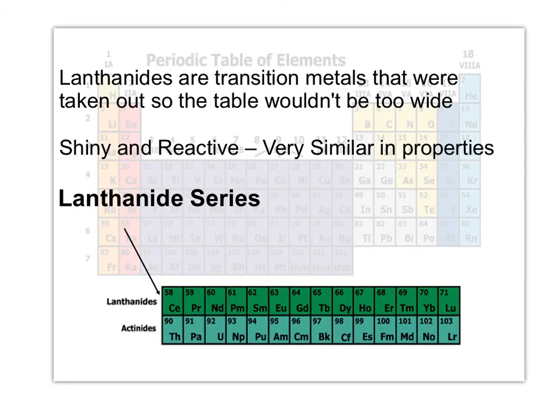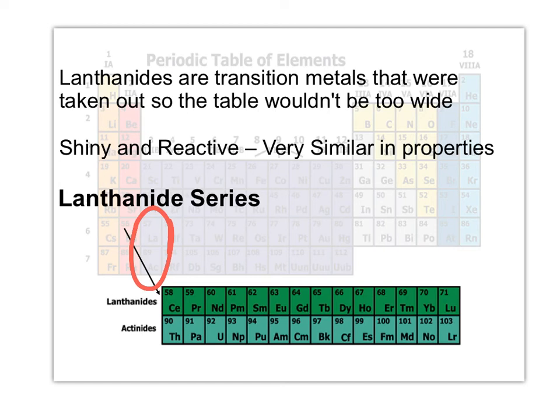All right, now let's move down to the bottom of the periodic table here. Those two that look like periods or rows down at the bottom, remember, those belong up here in these boxes right around here. The lanthanide and actinide series, right here is where they belong, and we took them out to make the periodic table not so long, right?